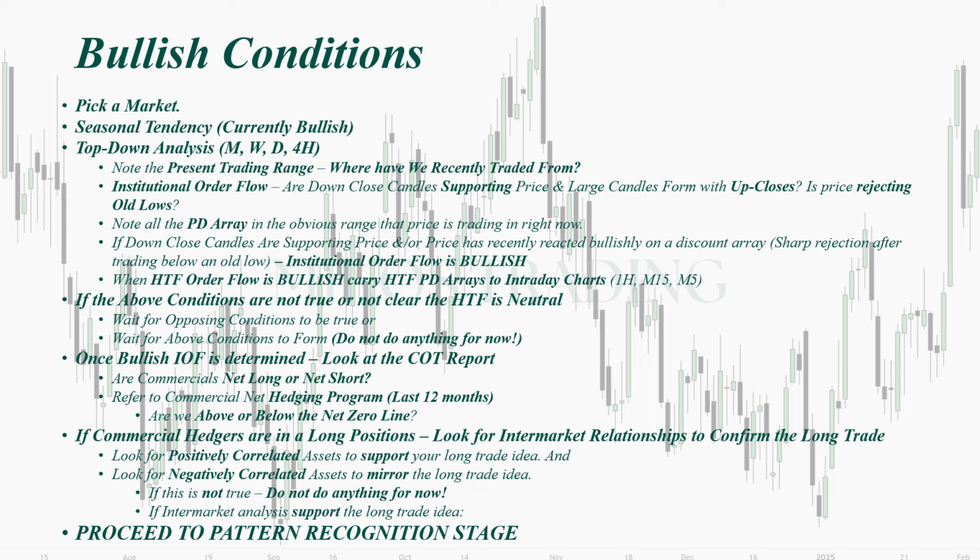Look for positively correlated assets to support your long trade idea, and look for negatively correlated assets to mirror the long trade idea. If this is not true, do not do anything for now. If intermarket analysis supports the long trade idea, proceed to pattern recognition stage.